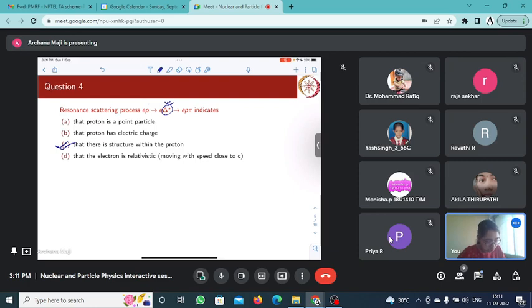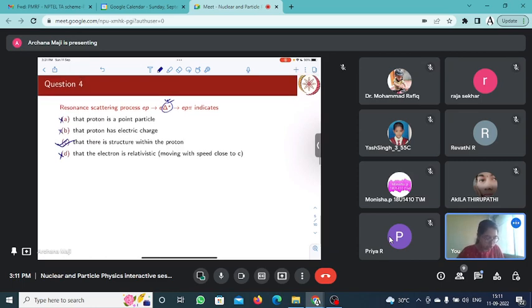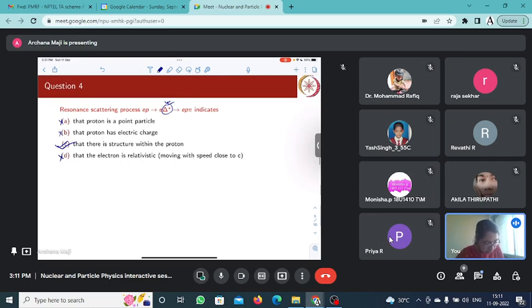So C option is correct here, these 3 are incorrect. Basically the proton takes the energy of this electron and goes to this higher energy or excited state.